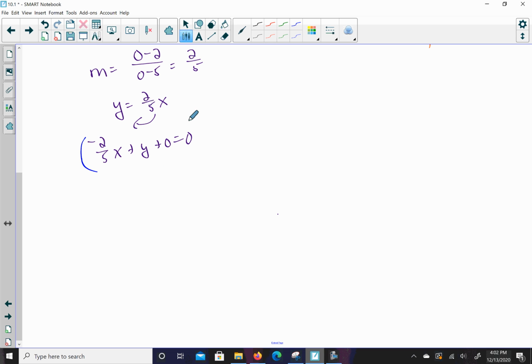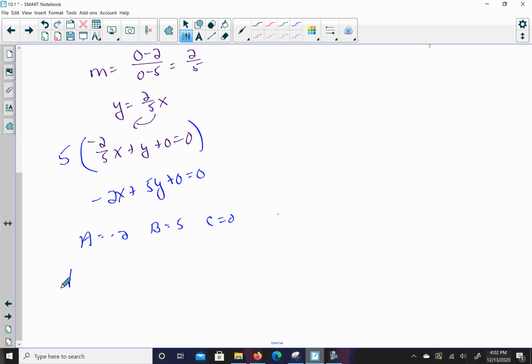So I can rewrite this as negative 2x plus 5y plus 0 equals 0. Now my a is negative 2, my b is 5, and my c is 0. That's a lot easier than working with the fractions.